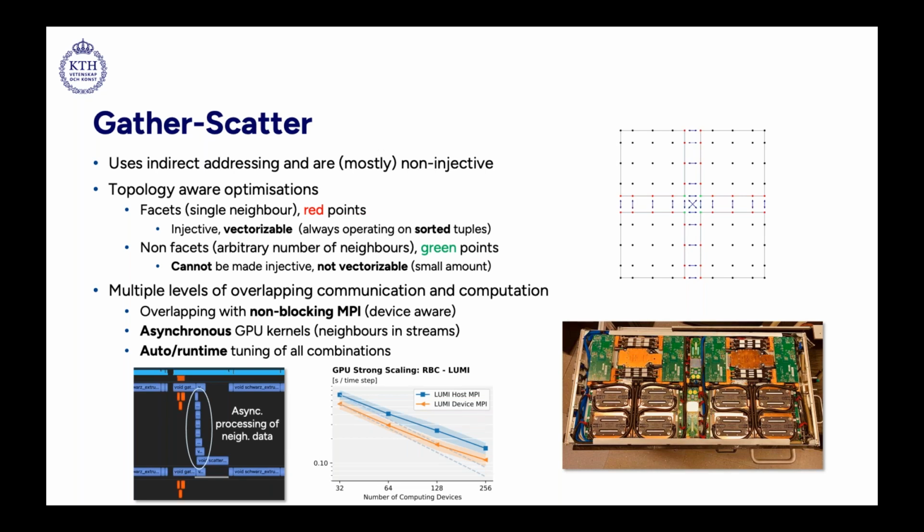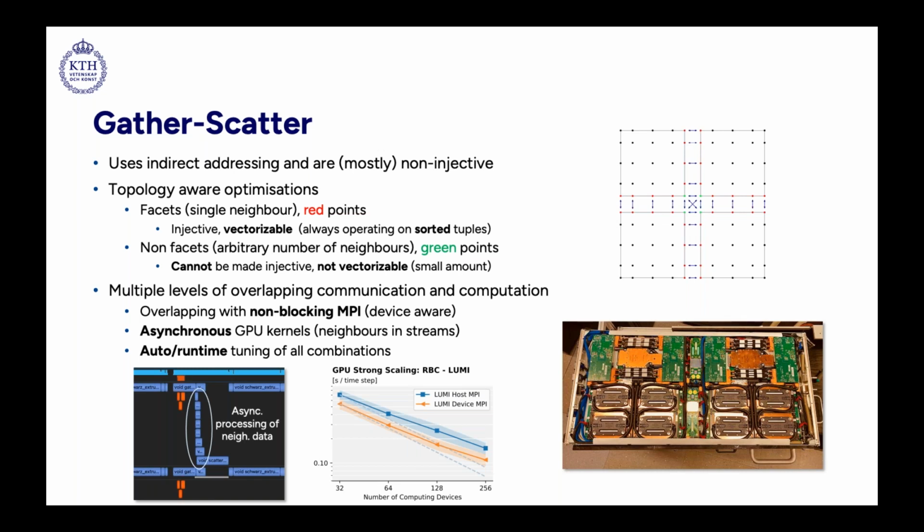So compared to other spectral element-based codes, we are using what's called topology-aware optimization for this, because gather-scatter itself is a lot of indirect addressing, which is mostly non-injective, which means that it cannot really be vectorized. And it comes because you need to basically go from a limited address range to a large address range that you cannot represent on one node.